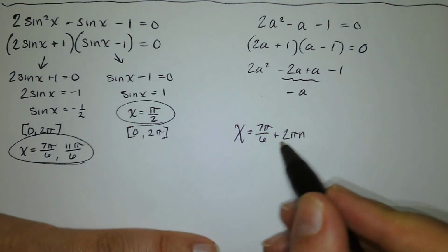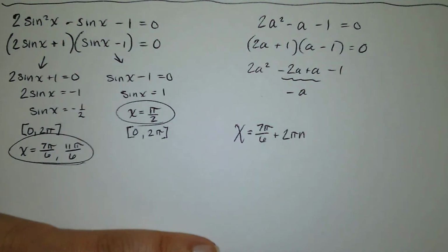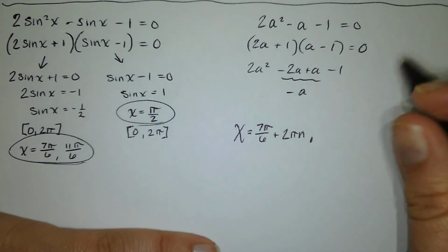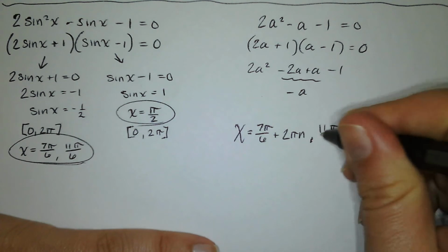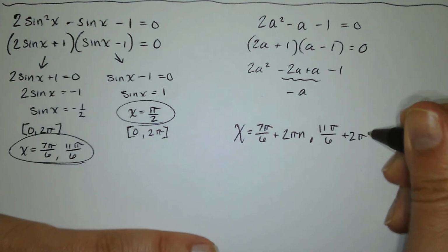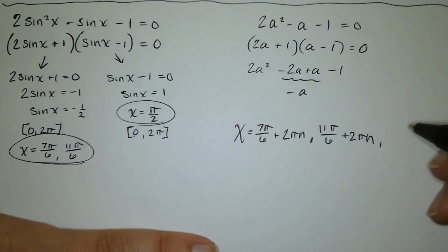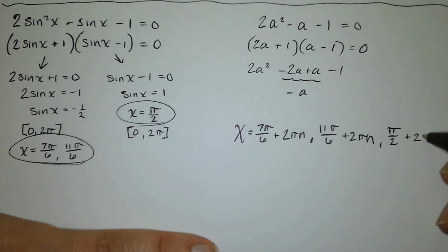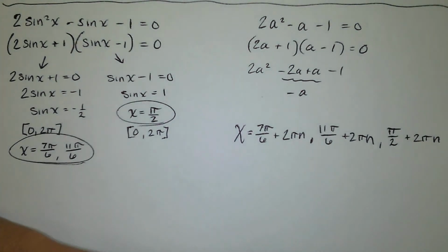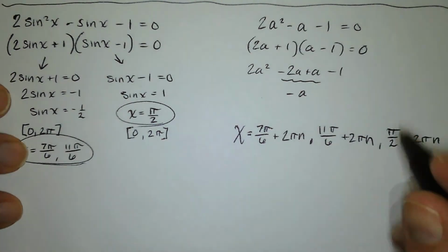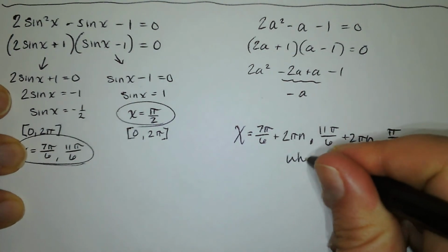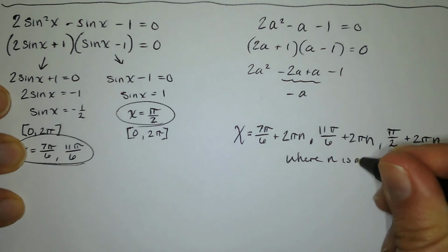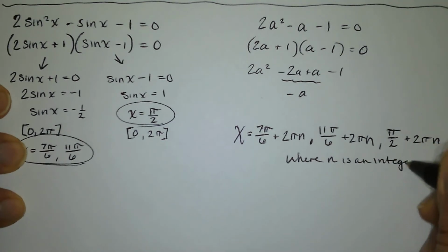Once again, we're using 2 pi because this is a sine function, comma, 11 pi over 6 plus 2 pi n, and pi over 2 plus 2 pi n. Those are your three solutions, once again, where n is an integer.